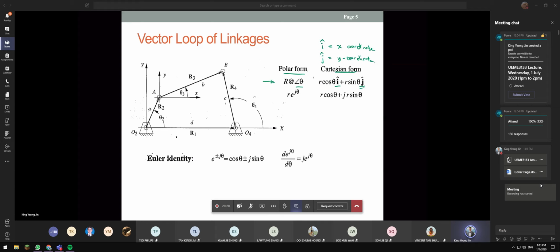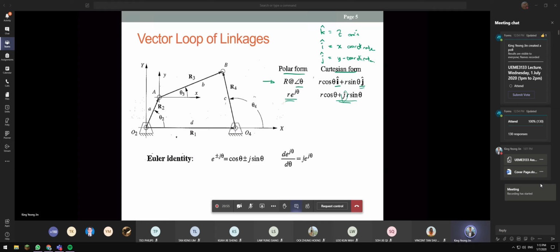So when we are in rotation, that's why you will find k. Right? K is what we call the z-axis. So this is how we can write it in the vector form, in the Cartesian format. So this is another way of writing it, same as this one. Sometimes they will just write it in so-called imaginary number format.